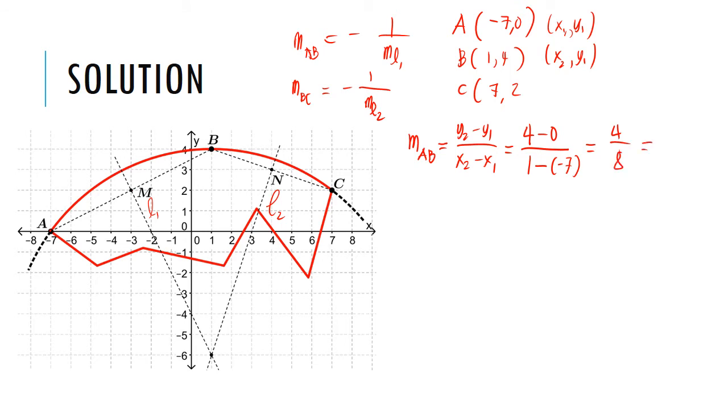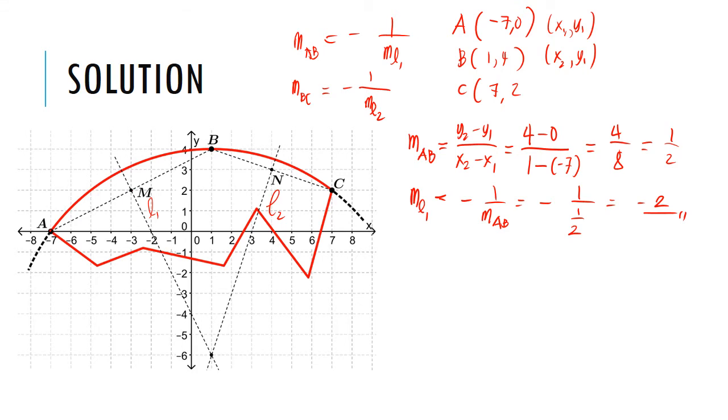So the slope of AB is 1/2. And therefore, the slope of perpendicular bisector L1 is the negative reciprocal of the slope of AB, which is the negative of 1 all over 1/2, or negative 2.